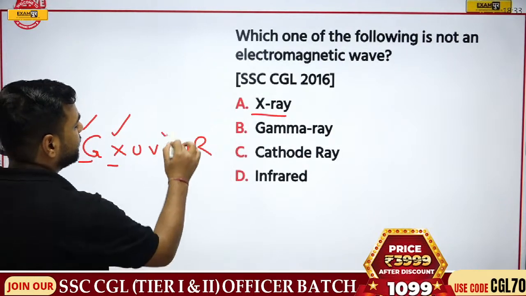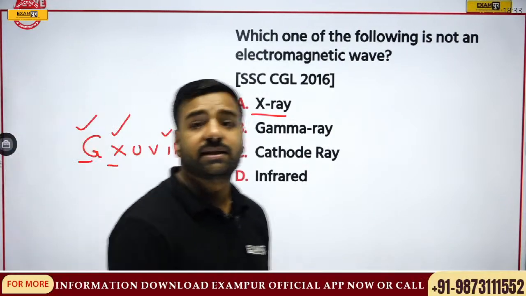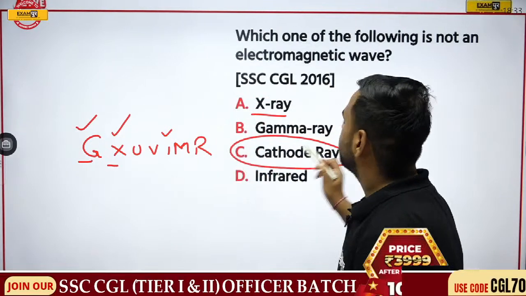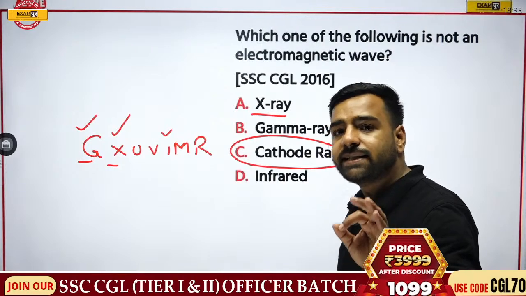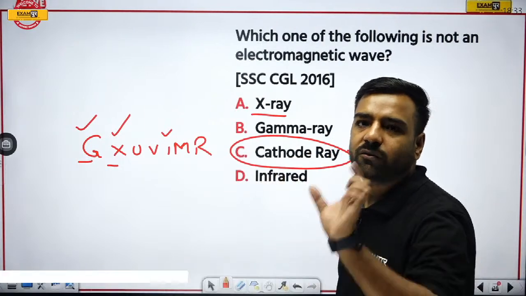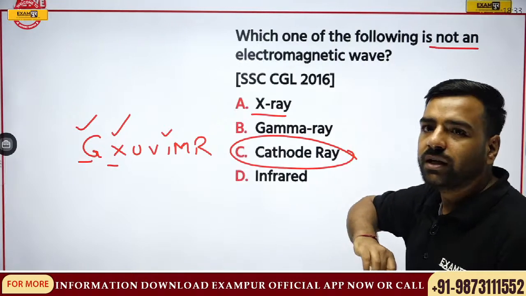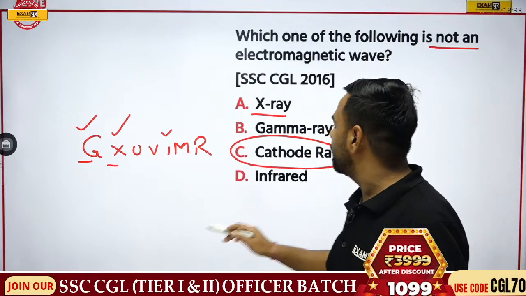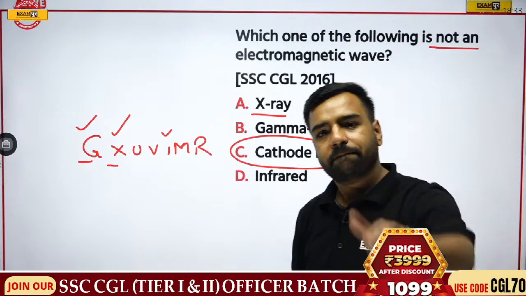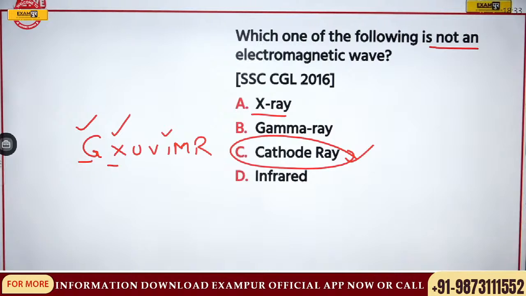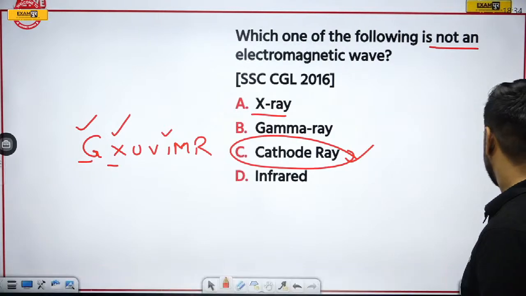Infrared, yes, it is there. So the only option left is cathode ray. That means option C will be correct. What was the question? Which of the following is not an electromagnetic wave? And when we were talking about GXUVIMR, we did not find cathode ray. Awesome Ganesh, totally correct. So here option C is correct.